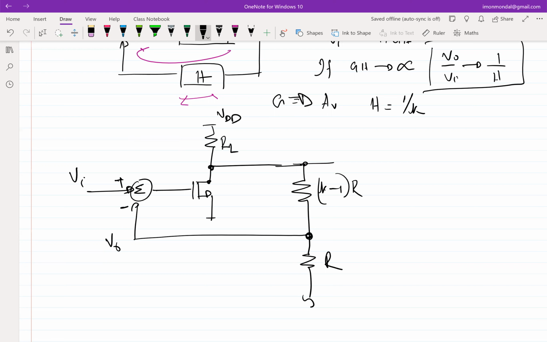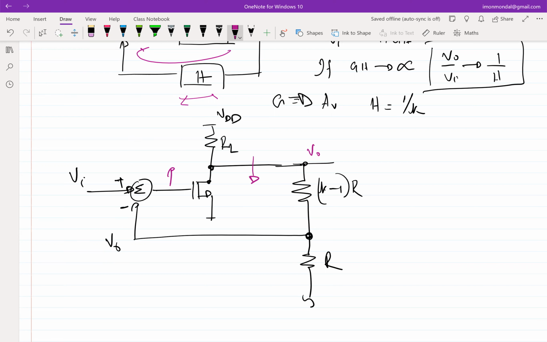So the only purpose of the loop is to reduce any disturbance in the loop. Okay, let's do it step by step. You can imagine you have increased this voltage, which means what will happen to V0?